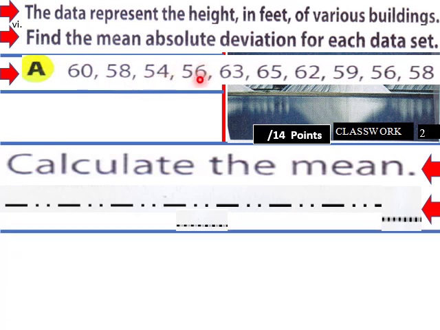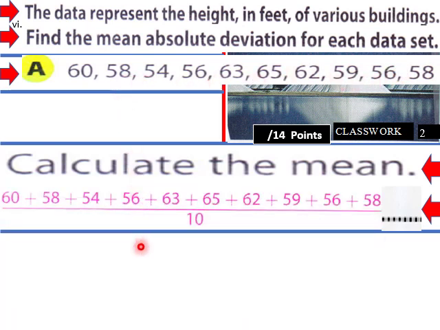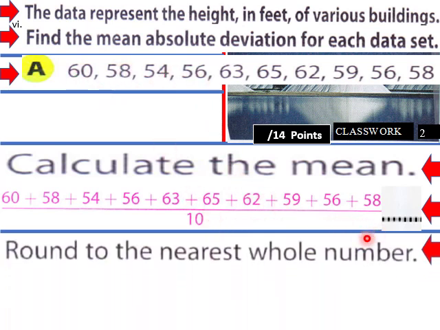To do that, we divide through by 10, because how many values have we got here? We've got 10 entries of data. And when you add all these together and divide by 10, you will get a mean here. So round the mean to the nearest whole number.